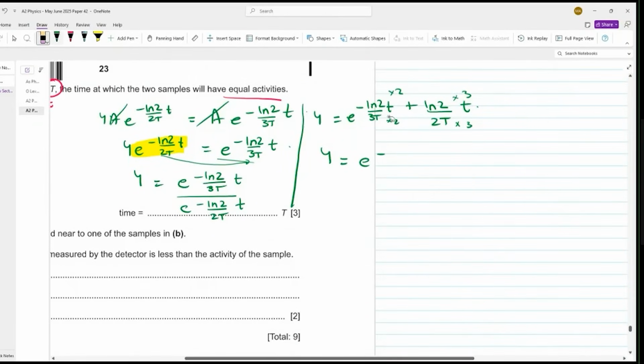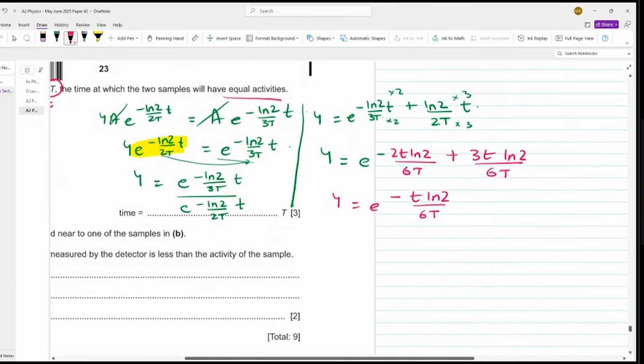Multiplying, this will become 2t ln2 divided by 60 plus 3t ln2 divided by 60. Add them. 4 is equal to E to the power of t ln2 divided by 60.